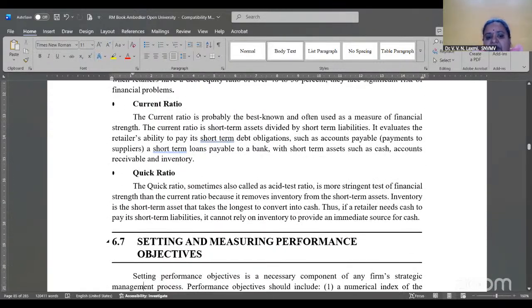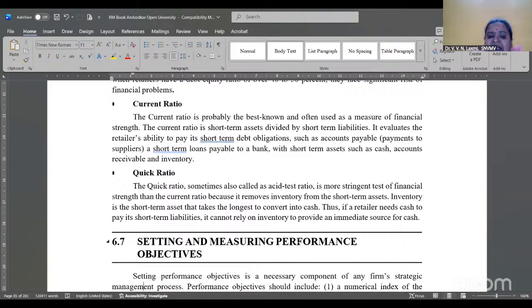Now, quick ratio, which is also called the acid test ratio, is more stringent. I mean to say, more than the current ratio, quick ratio reveals the financial strength of a company in a better way, because inventory, the short-term asset that takes the longest to convert into cash, is not considered here.